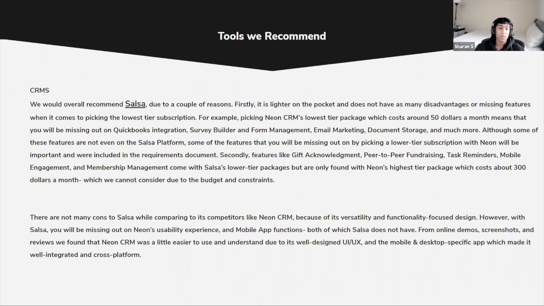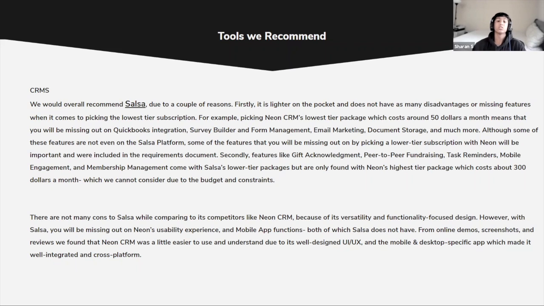Although some of the features are also not available on the Salsa platform, some of the features that you'll be missing out on by picking a low tier subscription with Neon will likely be important ones. Some features included in the requirements document will also be lost when picking the low tier subscription in Neon, which is something we don't want.